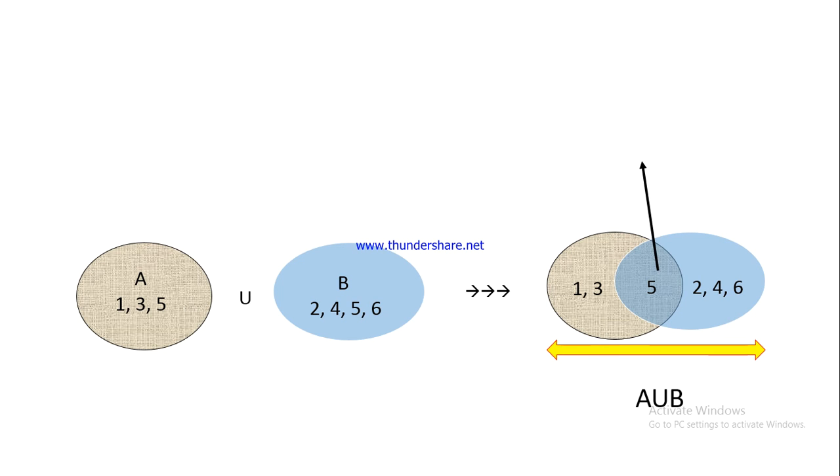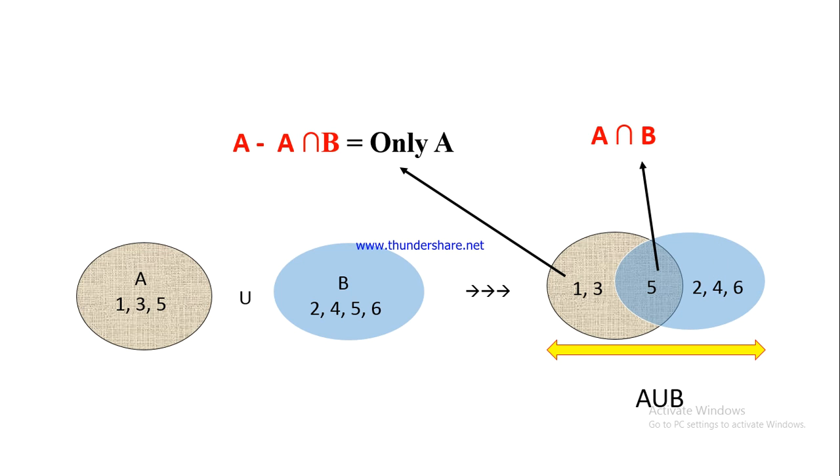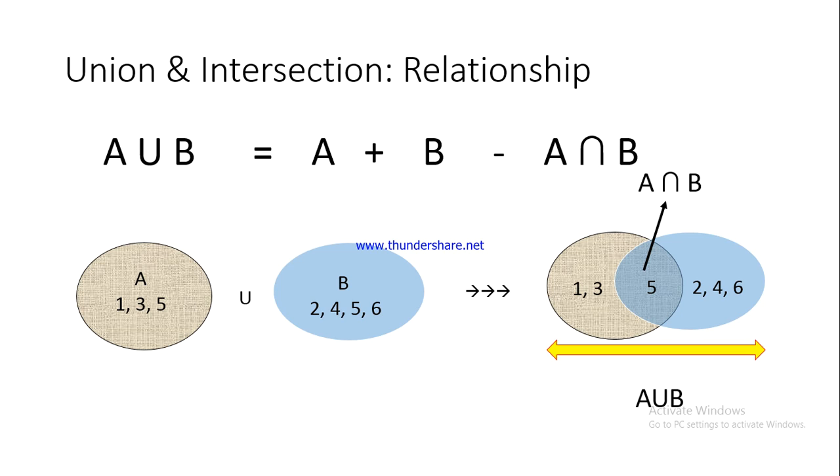But then, do you understand how we got this formula? Okay, so let us try and understand how we get this formula. A union B is on the left side of the screen, and then let's move to the right side. The two circles are overlapping, and you see A intersection B being shown with an arrow.